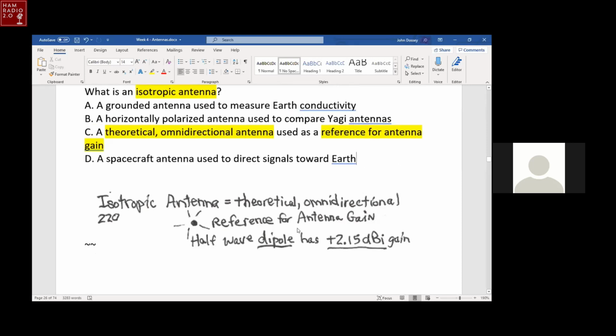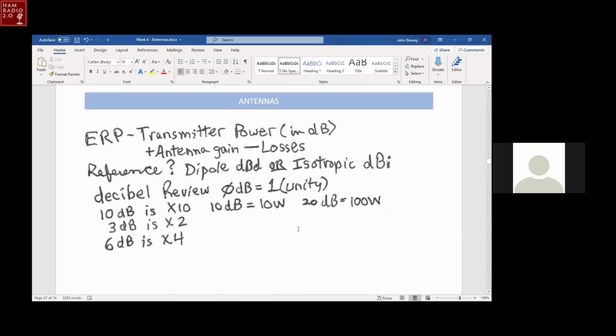Let's see. All right, we defined isotropic. Let's talk about ERP, effective radiated power. Some rules and regulations from the FCC talk about ERP, effective radiated power. What comes out your antenna? What comes out your antenna starts out as your transmitter power, and you have to convert that to dB, which, well, we're not going to do that calculation.